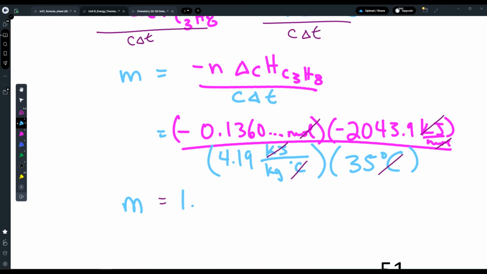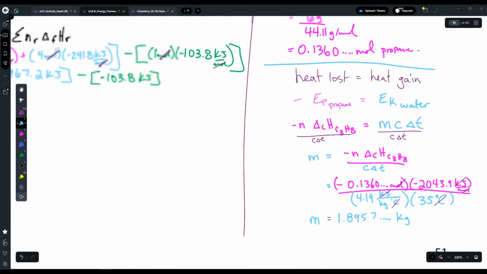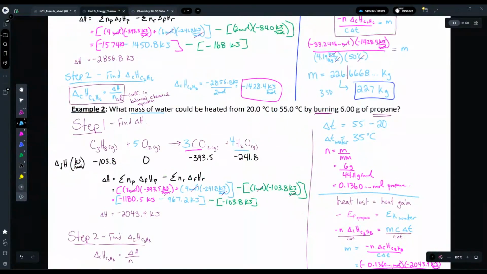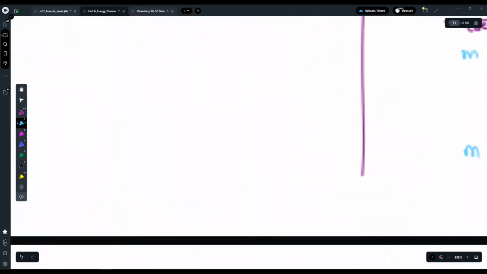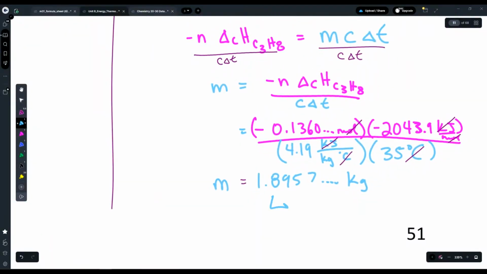Alright, so our mass is equal to 1.8957. Goes on forever, and our units are in kilograms. Let's look at our numbers given to us. Looks like they're all in 3 sigdigs. So that's what my final answer should be in. So 3 sigdigs, my cutoff line.